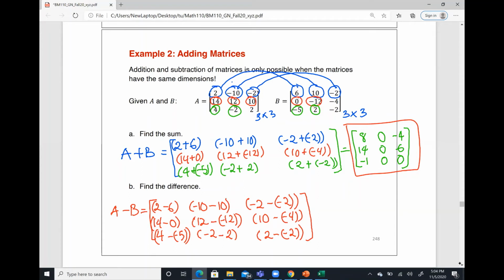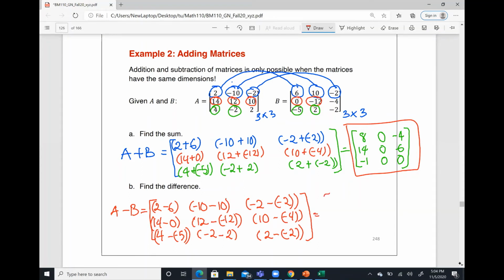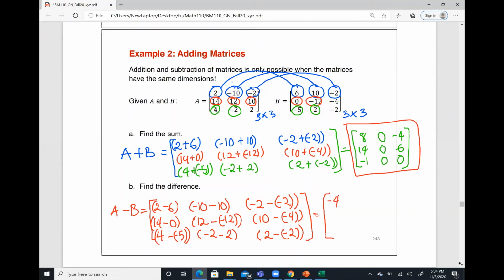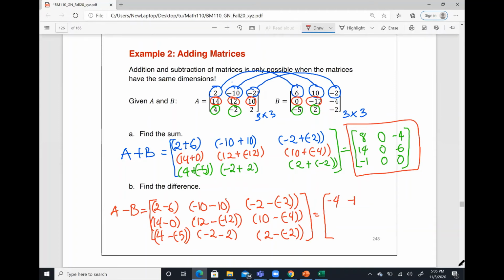Now you're going to simplify it. 2 minus 6 is negative 4. Negative 10 minus 10 is negative 20.